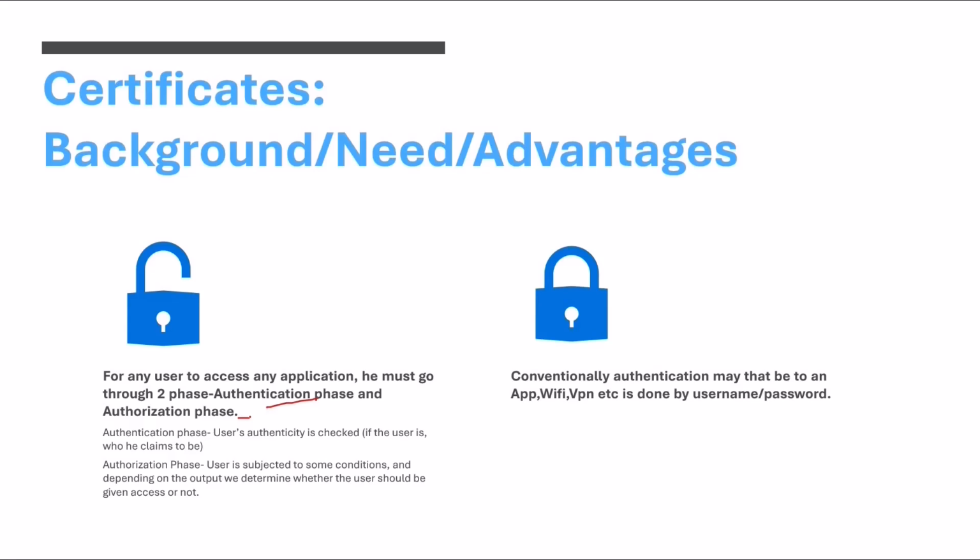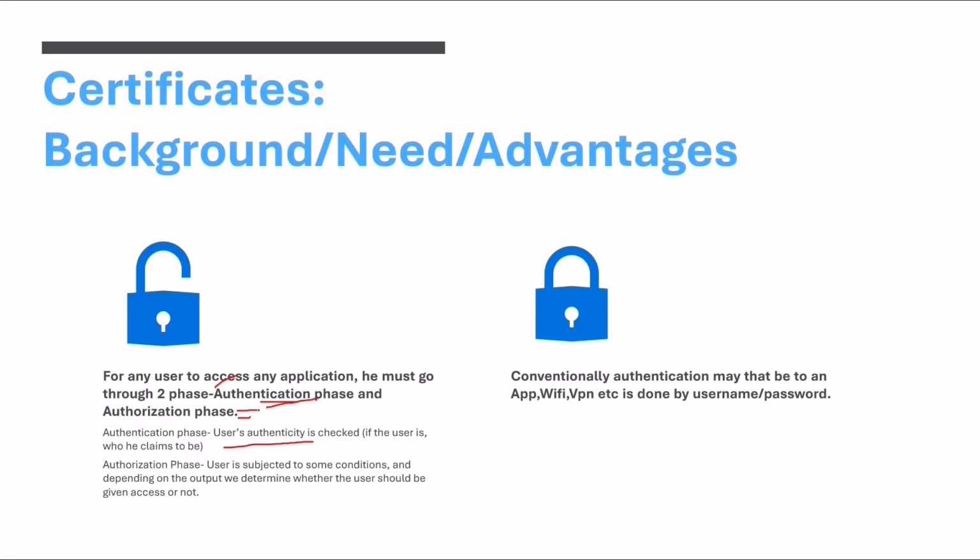What are the steps you need to follow to access your emails via Outlook? After you have downloaded Outlook, you are going to enter your username and password. That phase is called the authentication phase, where the user's authenticity is checked. Now after you have entered your username and password, and if it is correct, once the authentication is done, there is something called authorization.